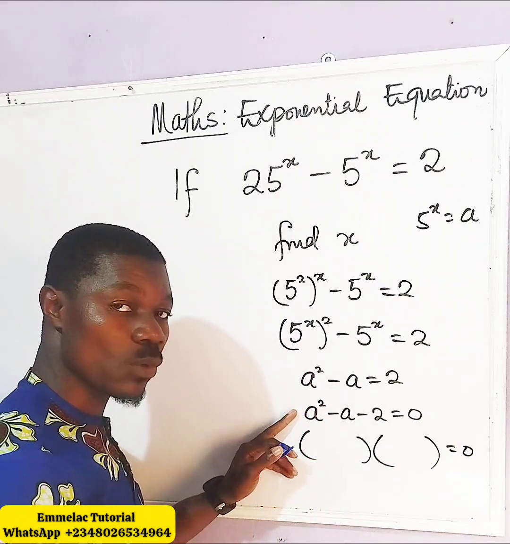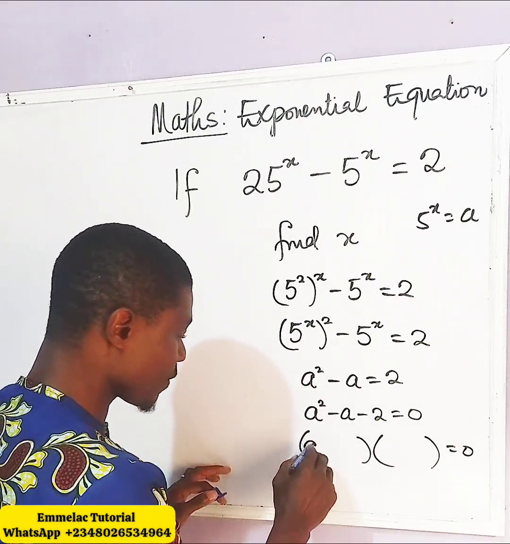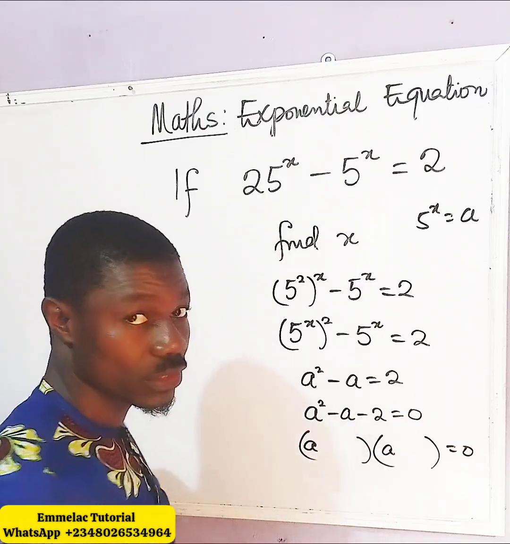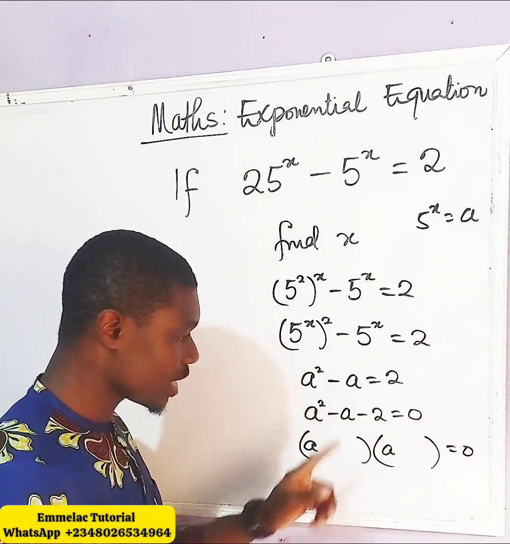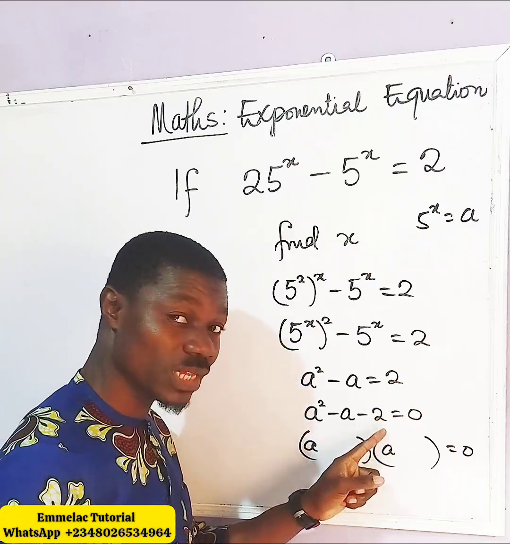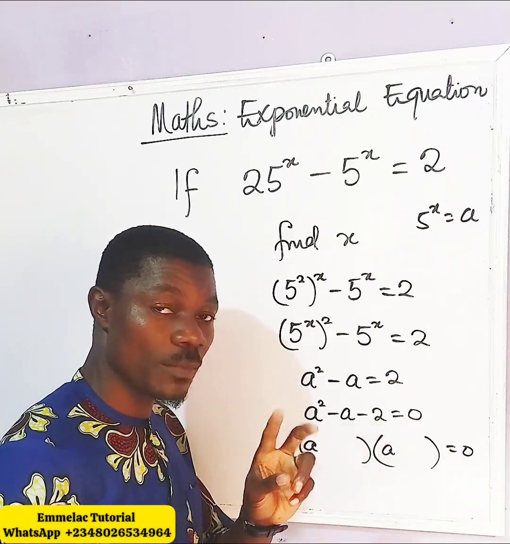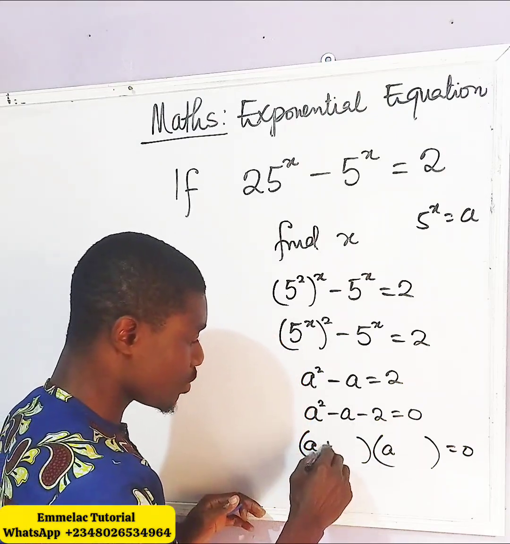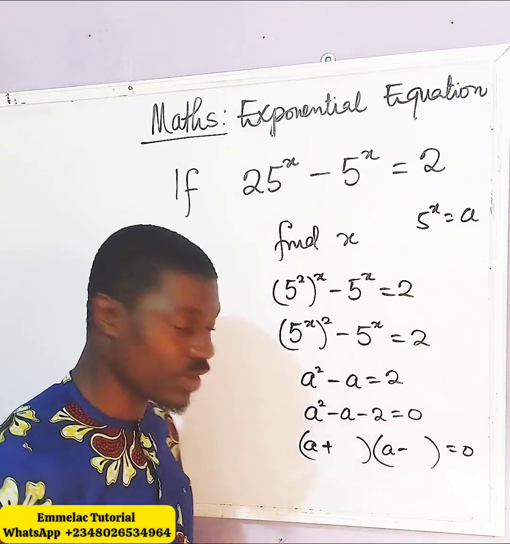Since we are working with a variable, you have a and we have a. Now, since this is minus and this is minus, most likely it means the 2 factors that will give us this constant, one of them will be plus and one will be minus. So you put minus here, you can put plus here, however it is.